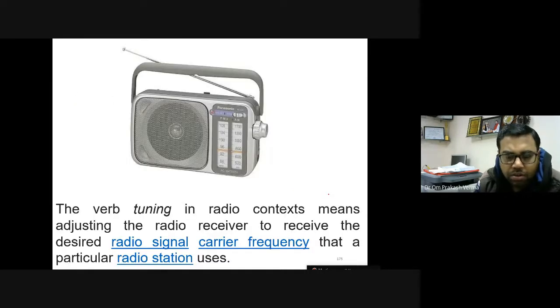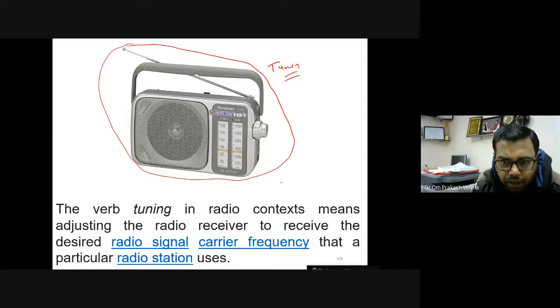Right. So now we are coming to the next topic that is very important, that is tuning. Have you seen such a type of radio transistor in your house? In the 90s or 80s era, such transistors were very famous.